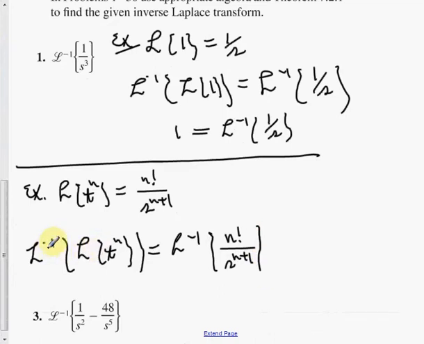And so the inverse transform of the transform is just t to the n. And that's the case for all of them, right? So with that in mind, let's work a few problems.